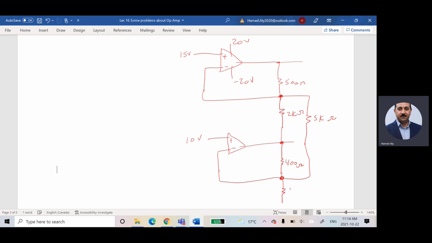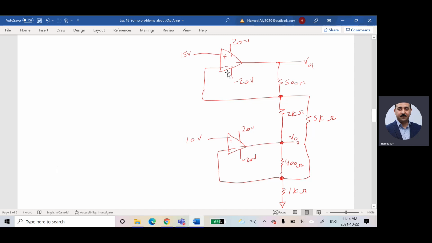And we have 1 kilo ohms. And this is the common point. He told me that this voltage is V out 1 and this voltage is V out 2. And he said this is 20 volts and this is negative 20 volts.